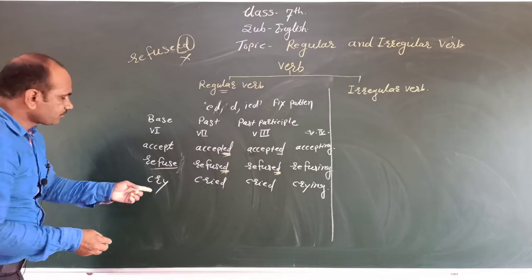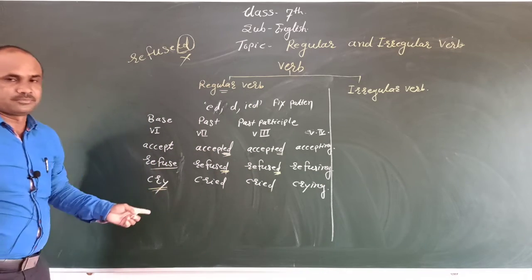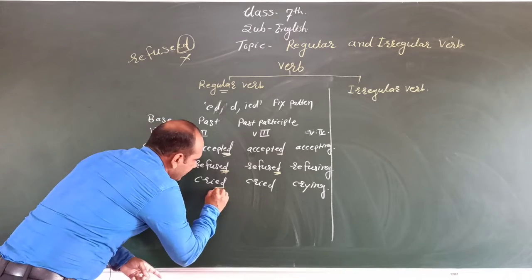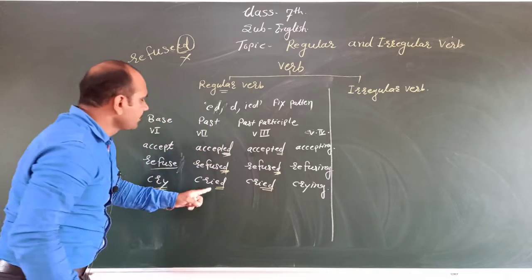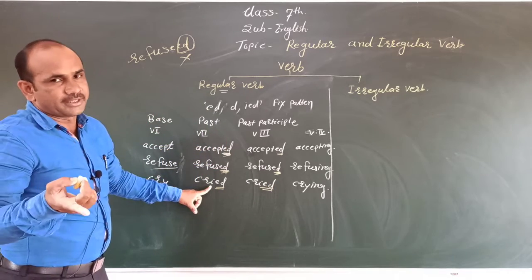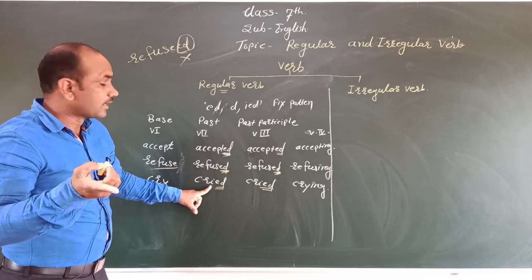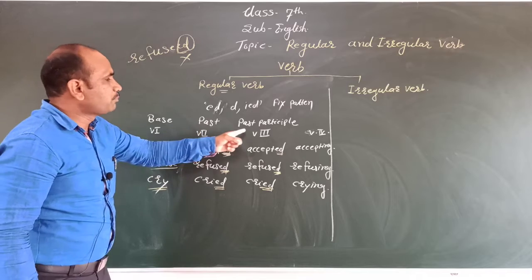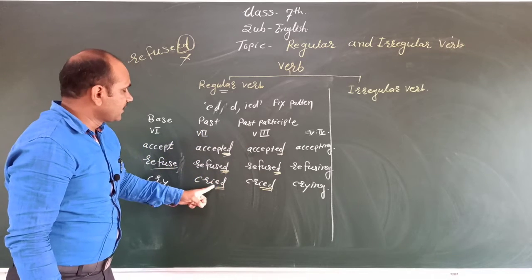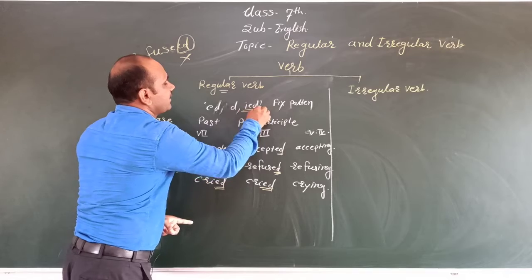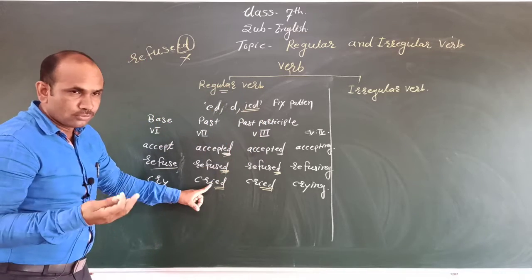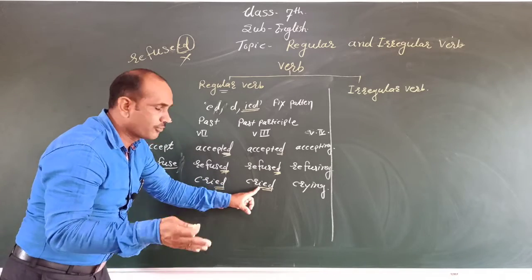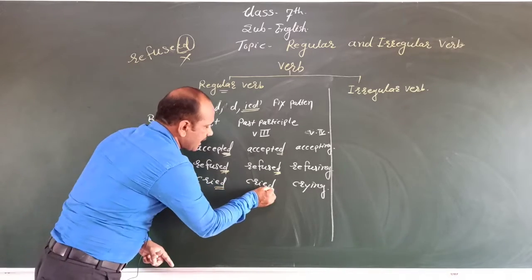Now pay attention here: the base form is cry, the first form of the verb is cry. For the second and third forms we add ed, but listen, here y changes into i and we write ied. We remove the y, and instead of the y we write i, and then we write ied.